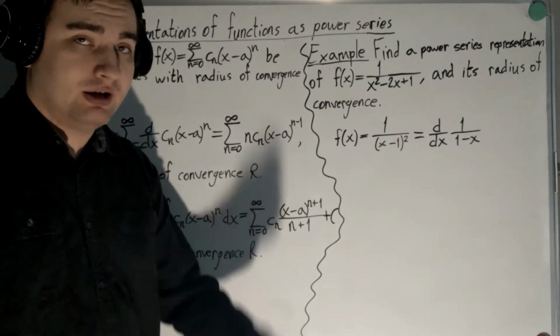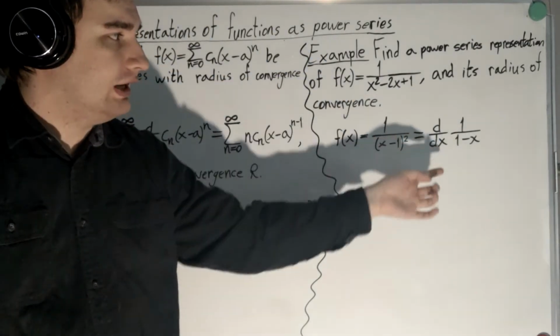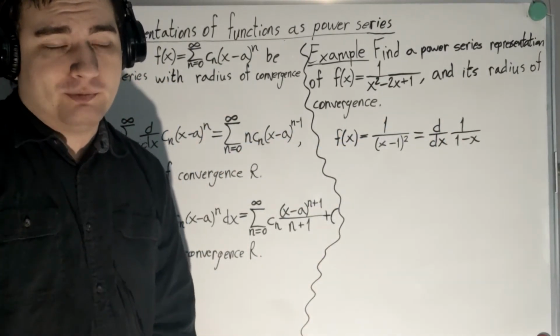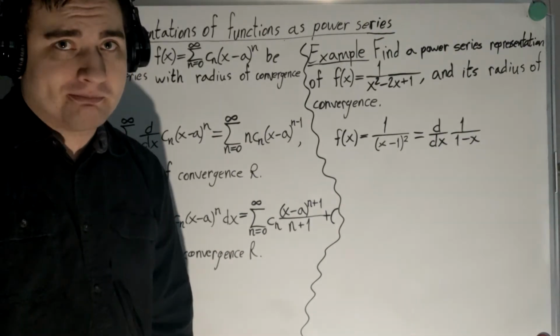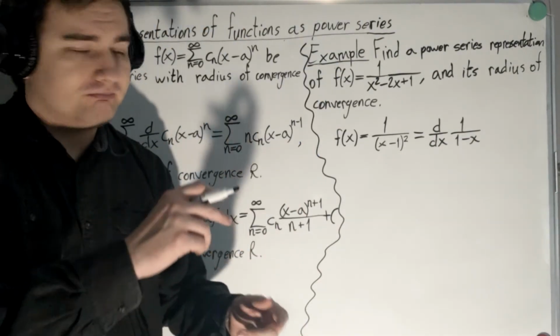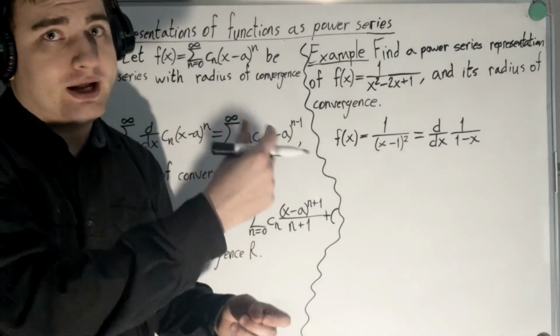If you understand this function as (1 minus x) to the negative 1, then when you take its derivative, you're going to bring down the negative 1, so you get negative (1 minus x) to now negative 2.